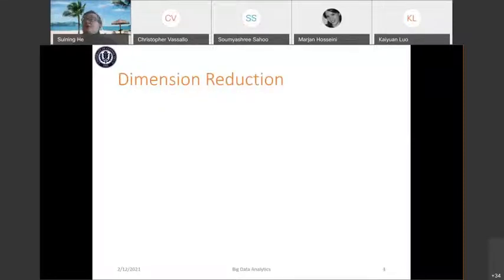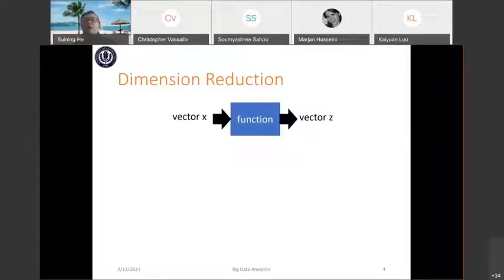Dimensionality reduction works like this: we have a vector X, and we try to find a function, certain algorithms, models, or mechanisms, to transform the input vector X into another output vector Z. The input vector X will have very high dimensions. Here the dimensions can be the number of attributes.